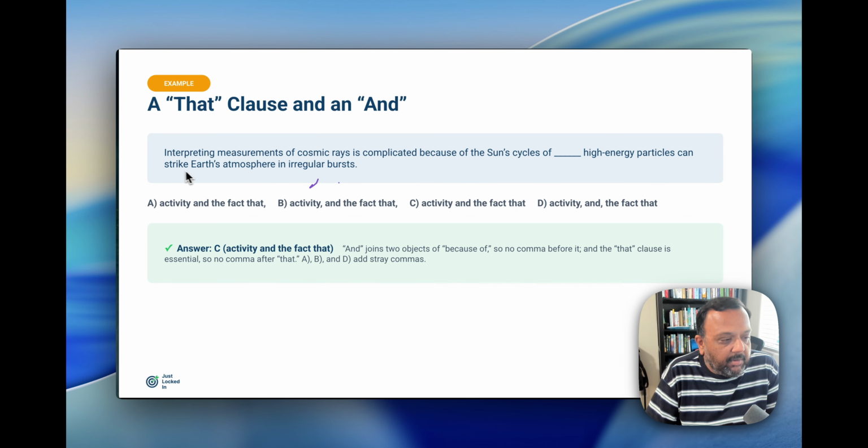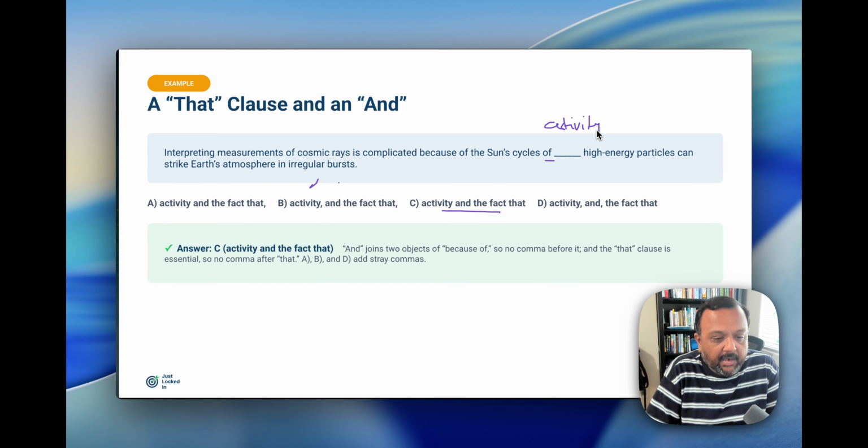Okay. So, for example, interpreting measurements of cosmic rays is complicated because of the sun's cycle of activity and the fact that high energy particles can strike Earth's atmosphere in irregular bursts. Okay. So, here the answer is activity and the fact that. And the reason is because of the sun's cycle of activity, that's one thing.